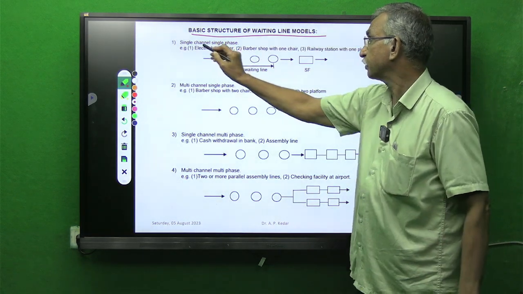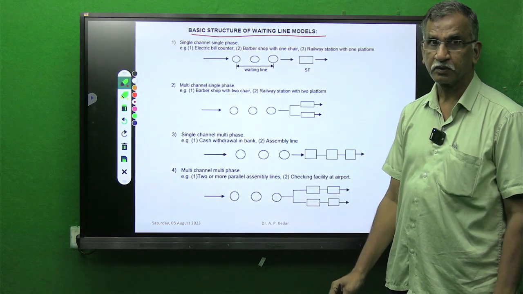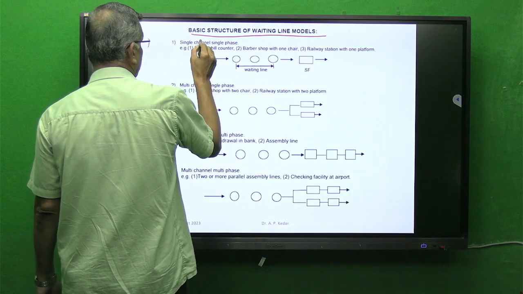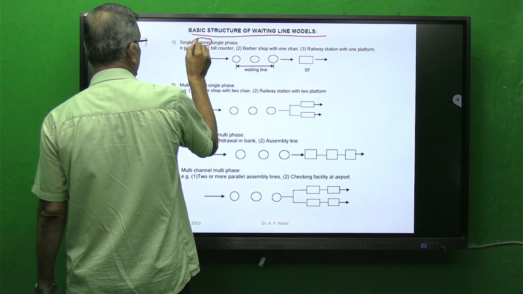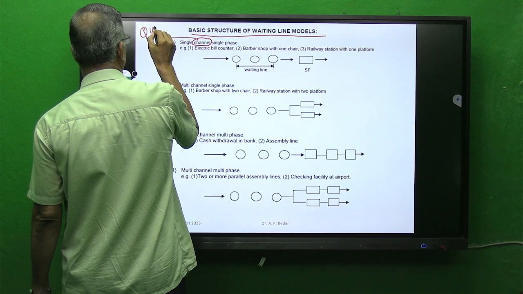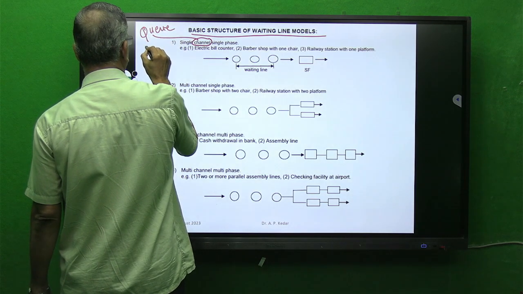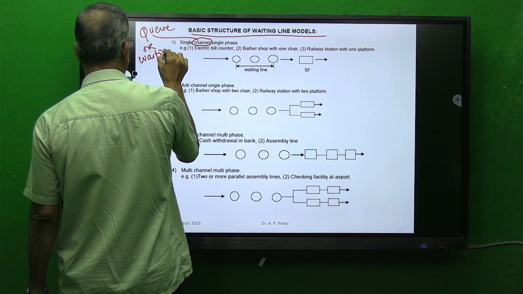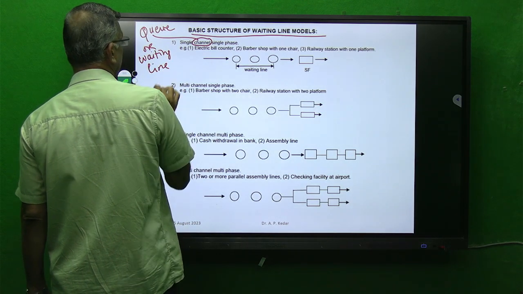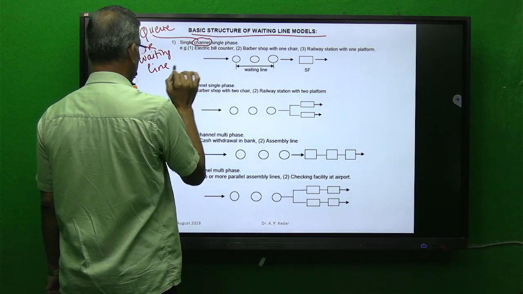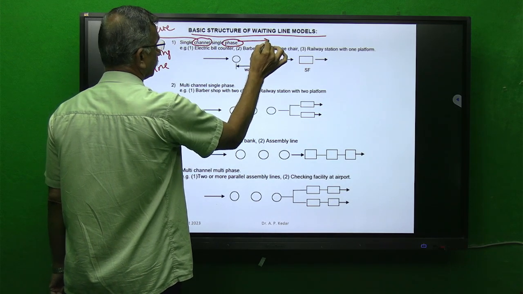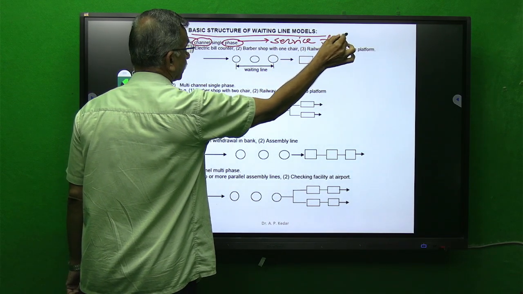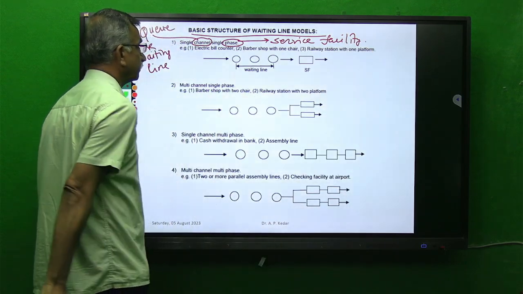In that, the very first, single channel, single phase. Now the channel here means queue or waiting line. You have to be very precise. Channel means queue or waiting line, and phase means service facility, one who is providing a service.